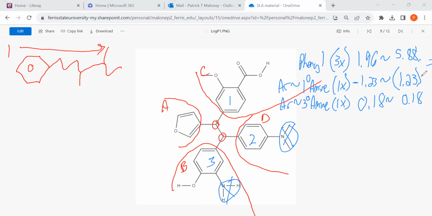Following our tertiary amine, we've got an aromatic alcohol. So this is down here. AR alcohol. Only one of them. What that accounts for is negative 0.67, which is 0.67 in parentheses.